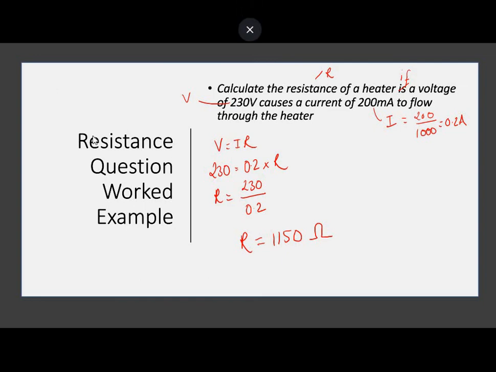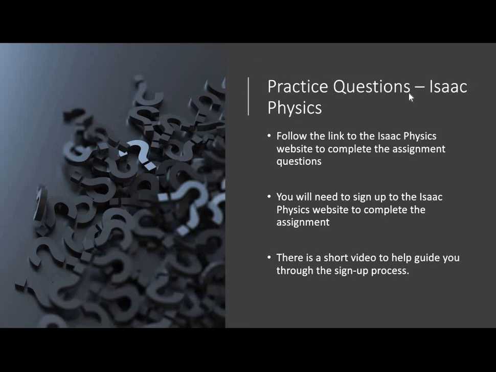So hopefully you had the same answer if you were ahead of me. Check your working, check that you understand that, because the next bit of work that I'm going to ask you to do is a lot of practice questions on a website called Isaac Physics. You may or may not be familiar with this already. There is a link to the Isaac Physics website to complete these questions on the Padlet and in your Go for Schools.